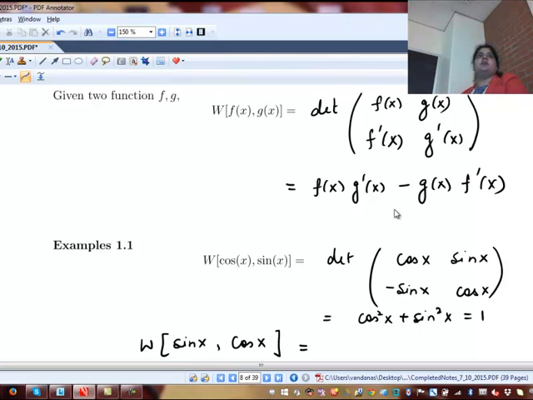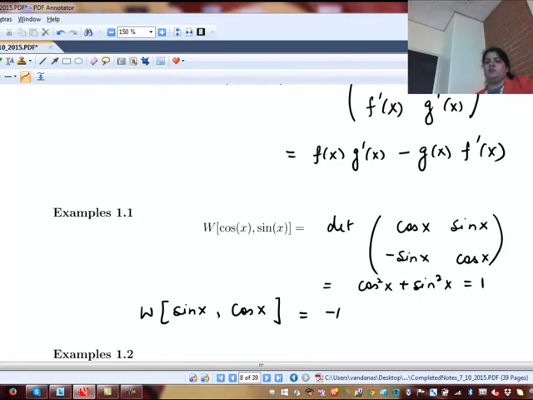Negative 1. Everybody is getting negative 1. So what do you notice then? What's the difference between this and this? What could be the conjecture out of it? If we reverse the order, we flip the sign. So next time onwards, you don't have to compute it. You just remember that the Wronskian of f(x) and g(x) is equal to the negative of the Wronskian of g(x) and f(x).